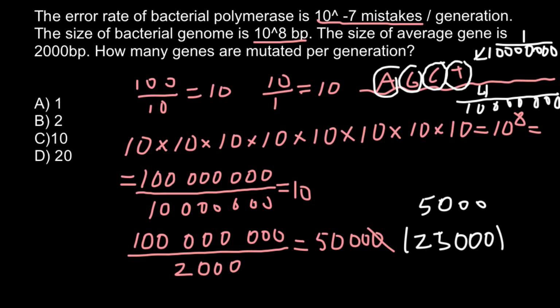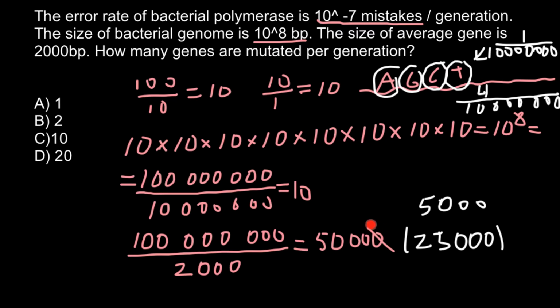And also, as I will explain now, the average size of the gene doesn't affect our calculations. For example, we may have 1000 base pairs here, we may have 10,000 base pairs here, and this wouldn't affect our calculations. So, according to our problem, we got 10 mutations per whole genome.